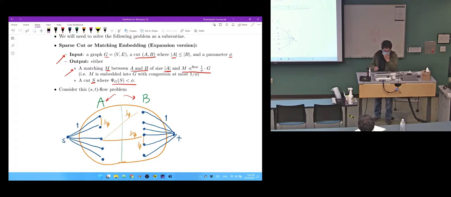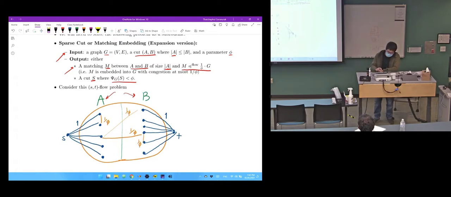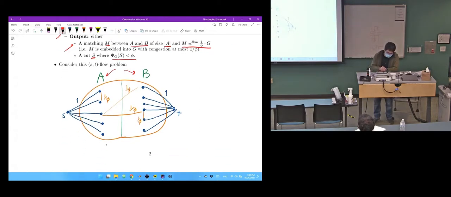Now, it turns out that this problem is not too hard to solve. The reason is, let's look at the following ST flow problem. If you have the graph G here, then let's say that I add a super source and super sink, and then put an edge from the source to every node in A. The capacity should be 1.